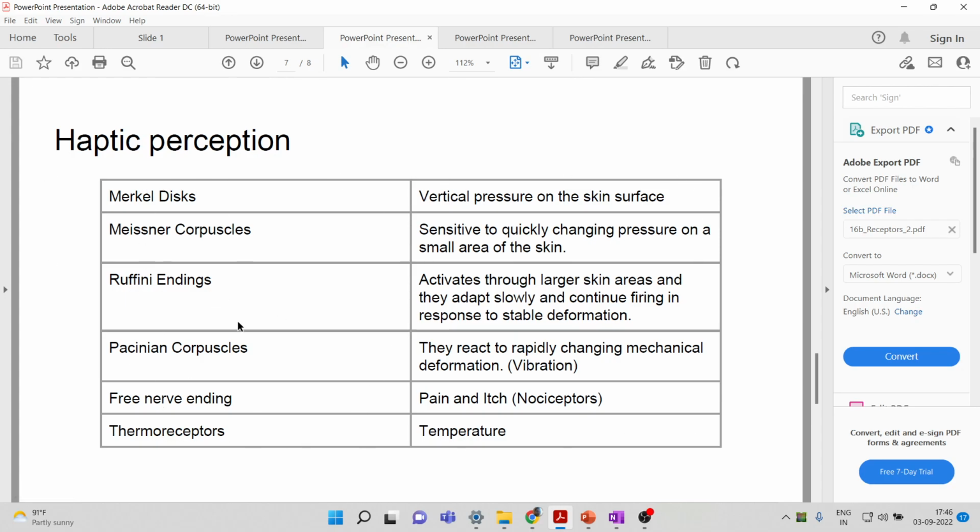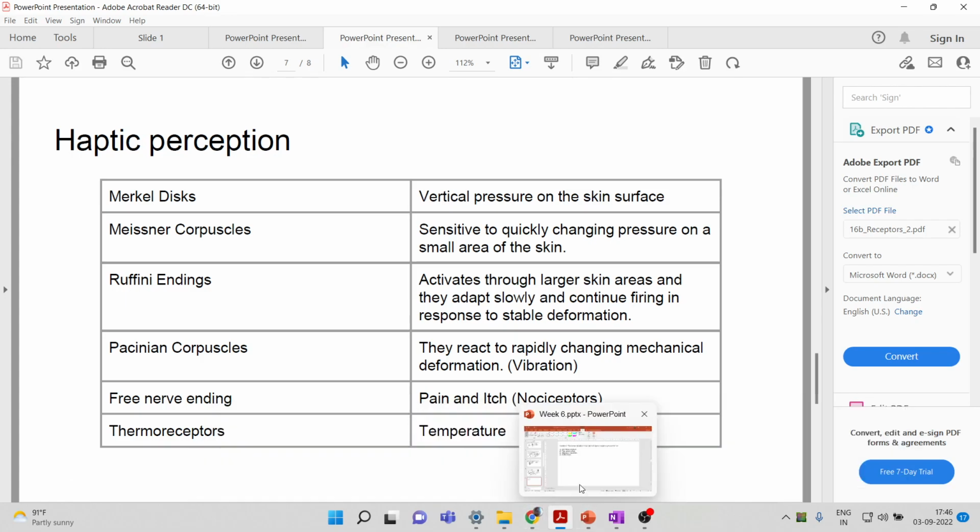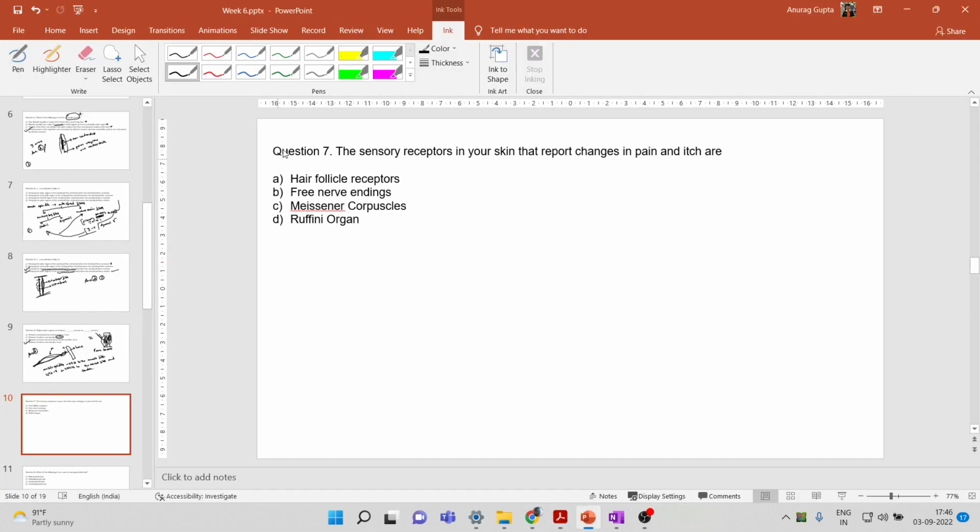You might expect certain questions from this in your exam, so this is an important part. Pain and itch are nociceptors, associated with free nerve endings. So the answer is B.